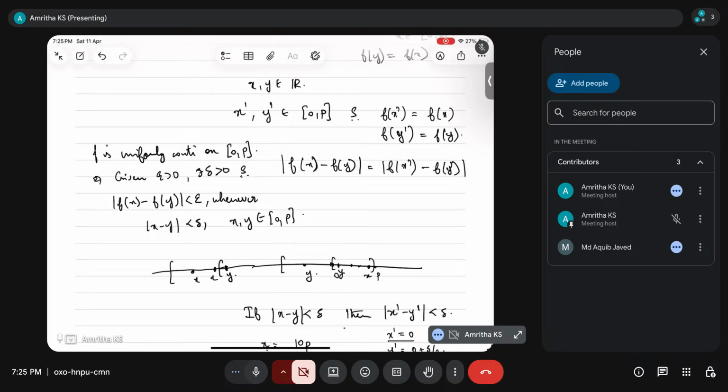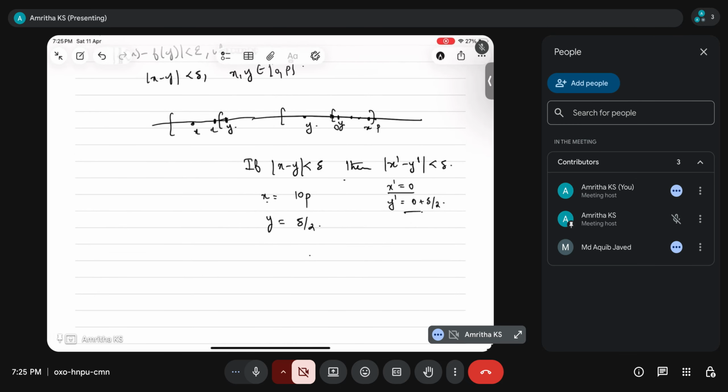Suppose there is a common multiple of p, then we have to somehow manipulate f(x) minus f(mp) plus f(mp) minus f(y).